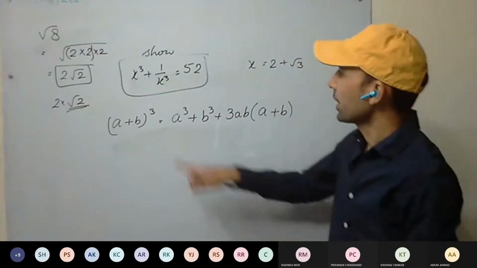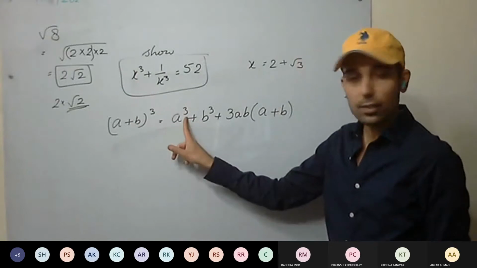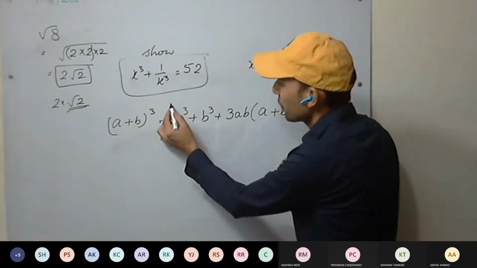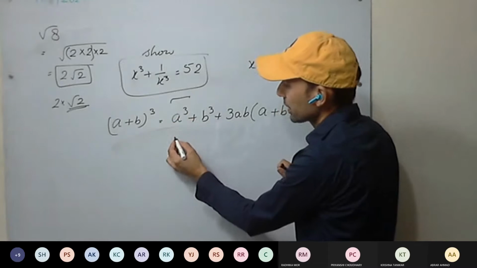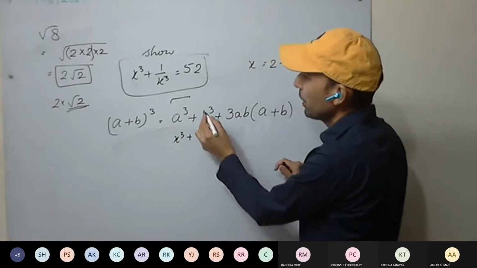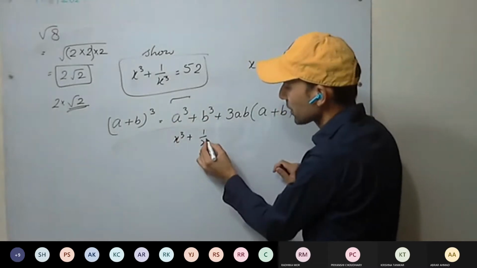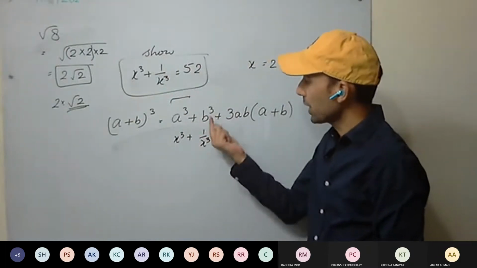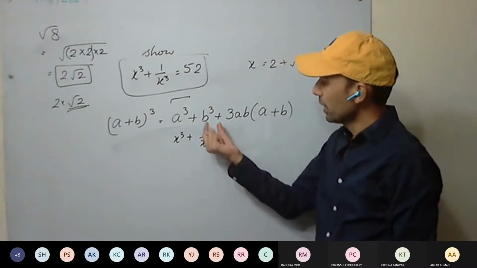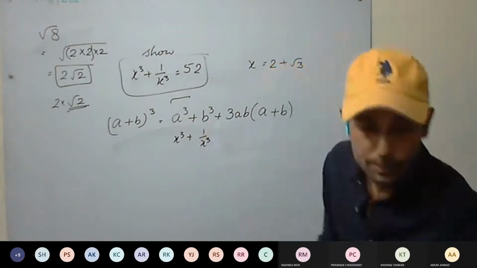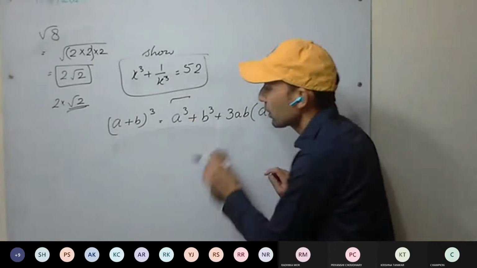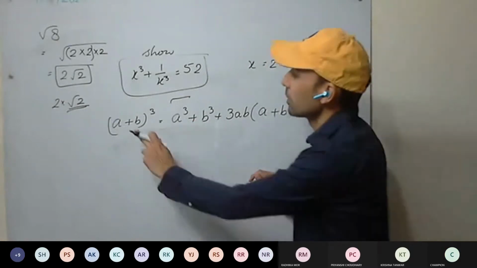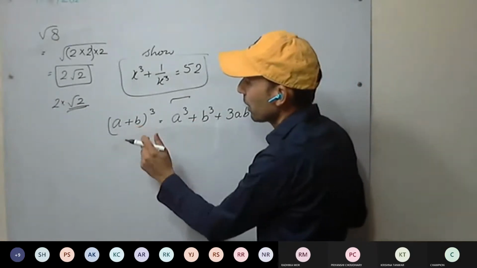Now what do we have to calculate? X cube plus 1 upon x cube. If we make a equal to x and b equal to 1 upon x, we put those values. So what we are going to do is put a equal to x, b equal to 1 by x.